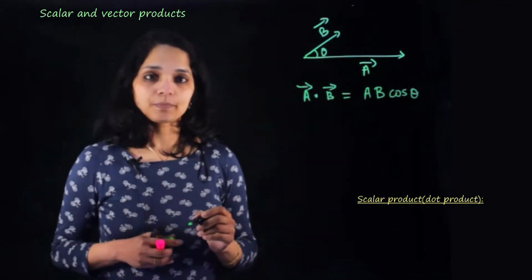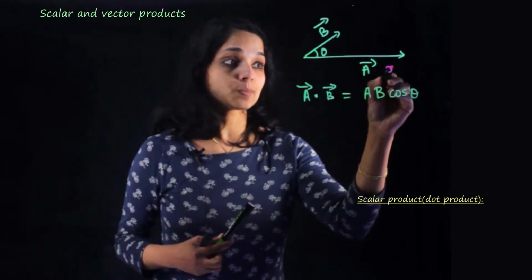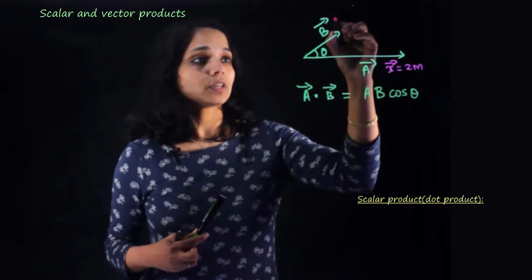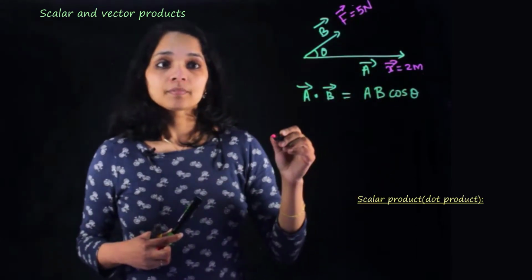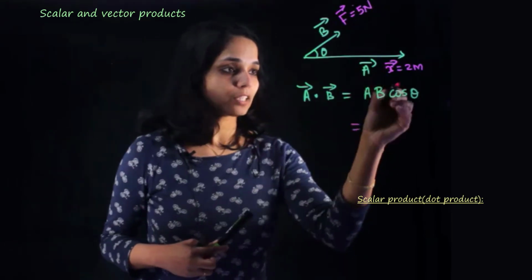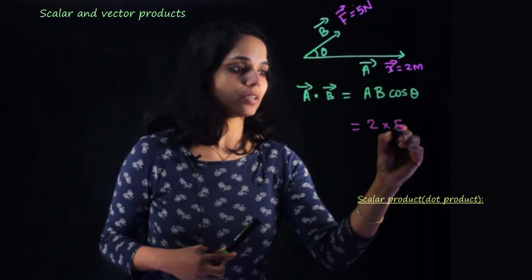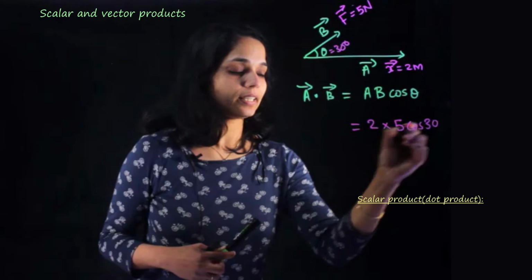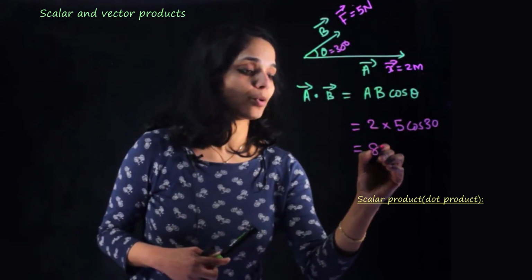the angle between them. If we have A as the displacement vector having 2 meters in that direction and the force is 5 Newton, then we can calculate this dot product as the magnitude of A is 2 and the magnitude of B is 5, and cos, if I take the angle as 30 degrees, cos 30, and that equals 8.66.